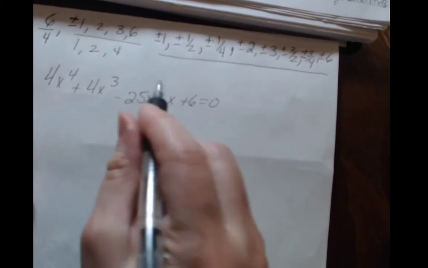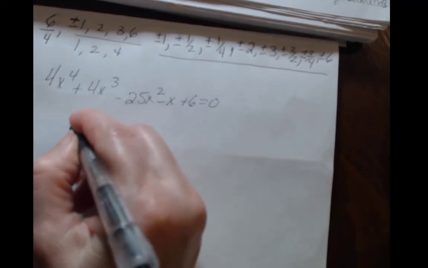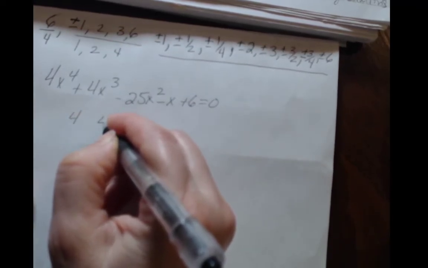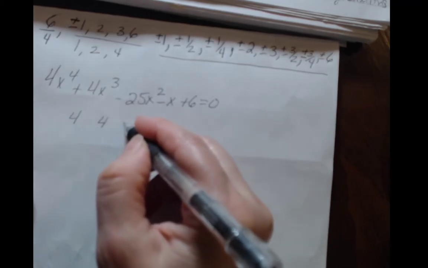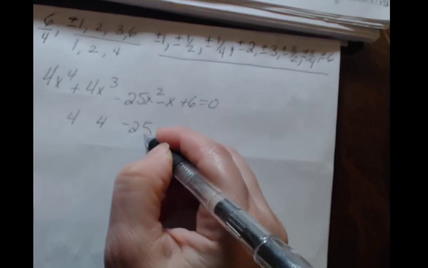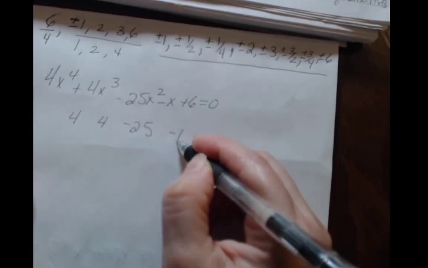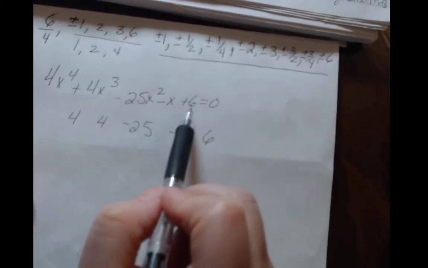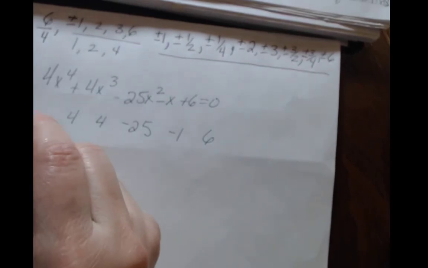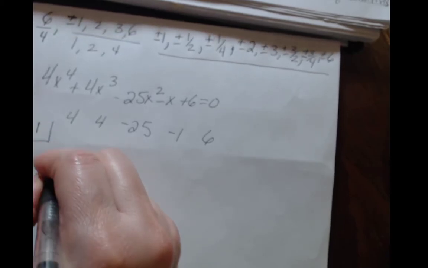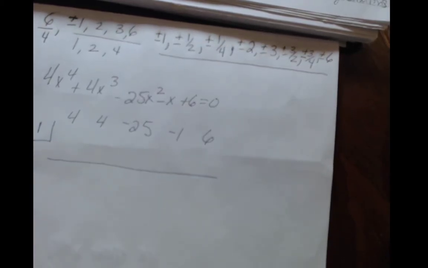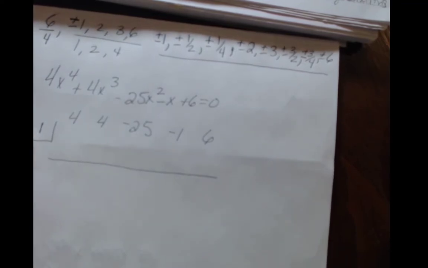So if I wanted to check to see if positive 1 was a 0, I could write out my coefficients. 4, negative 25, negative 1, and 6. And then divide by 1 and see if that is a factor. Or actually, I'm checking to see if x minus 1 is a factor.